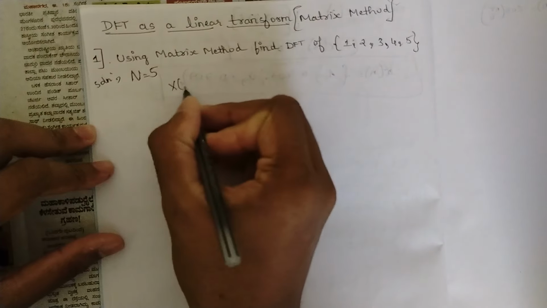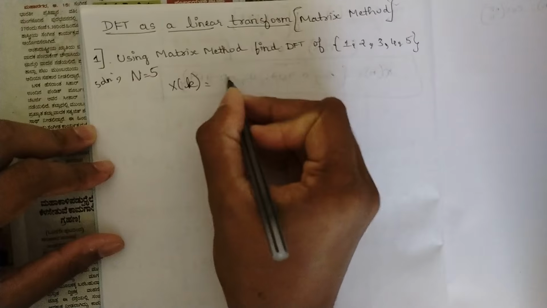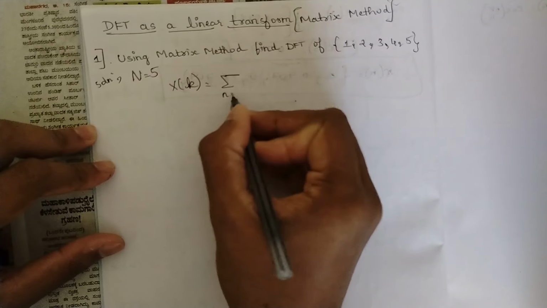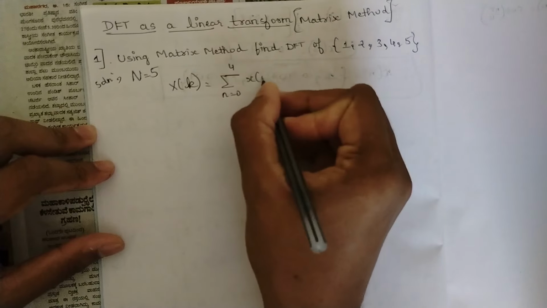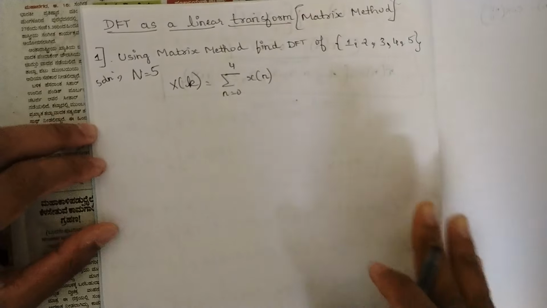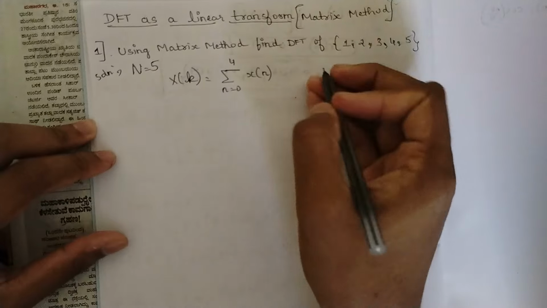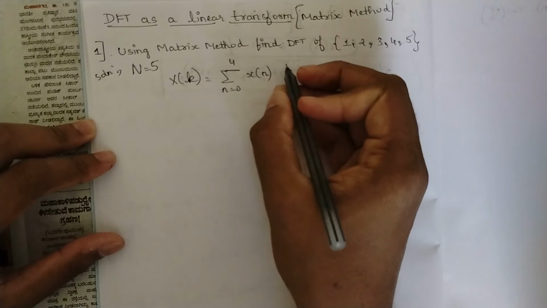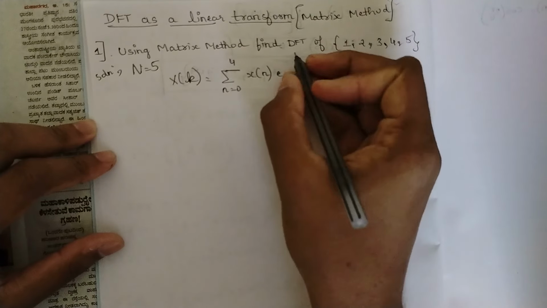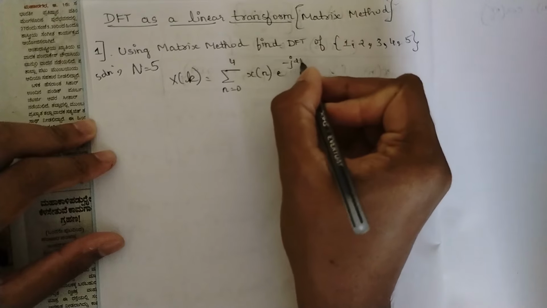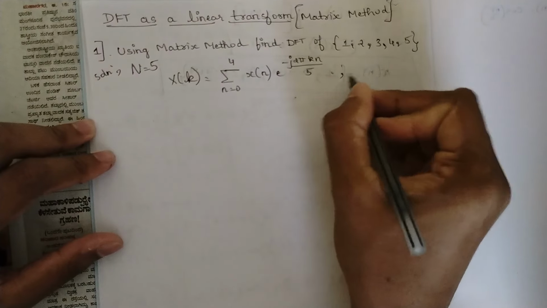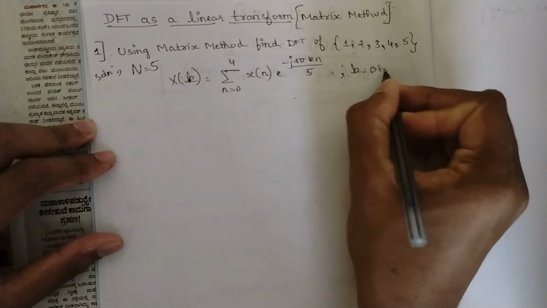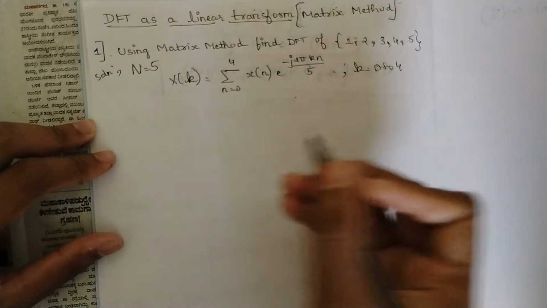First write the formula for matrix method. X of k is equal to summation of n is equal to 0 to 4 x of n e power minus j 2 pi k n by 5, right, where k value is from 0 to 4, okay, since the value of N is 5.